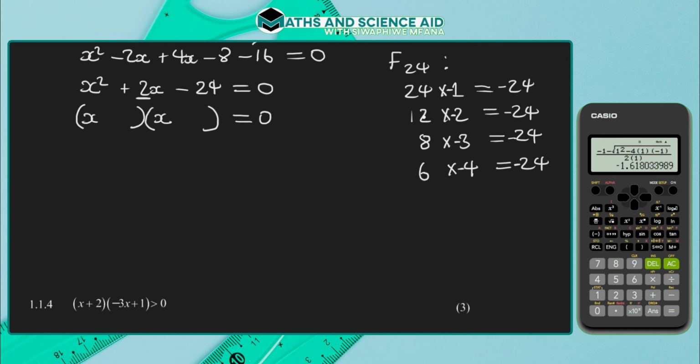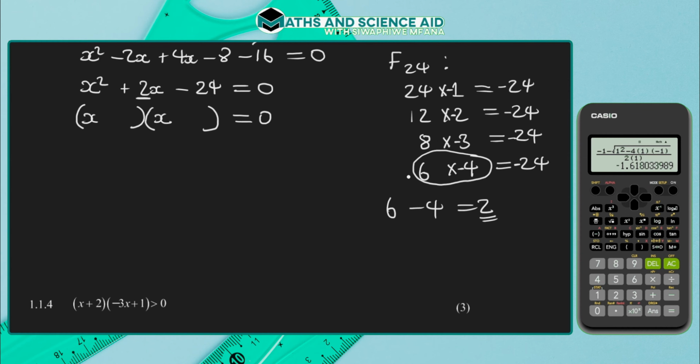If we sum positive 12 and -2, we are going to get positive 10. If we sum 8 and -3, we get 5. And then if we sum 6 and -4, we get 2, which is exactly equal to the coefficient of the middle term. So this is the correct set of factors that we must use in our factorization.